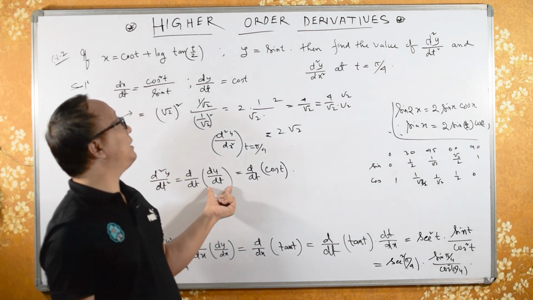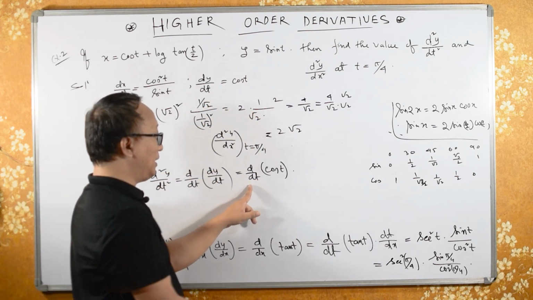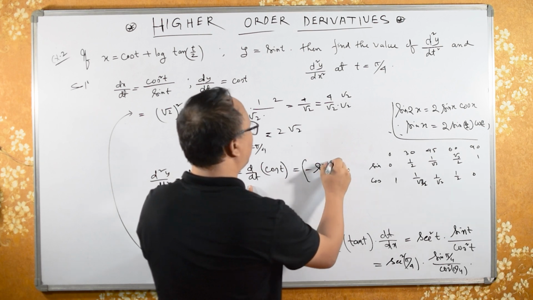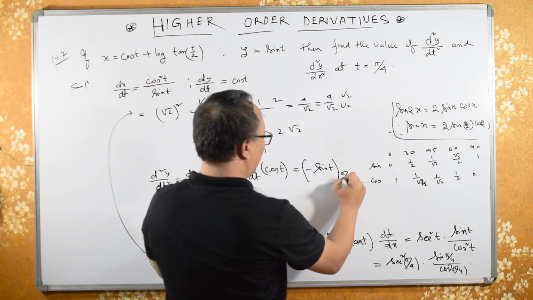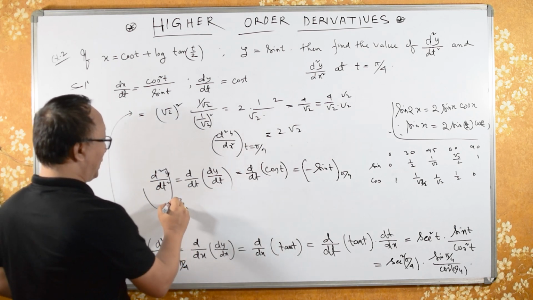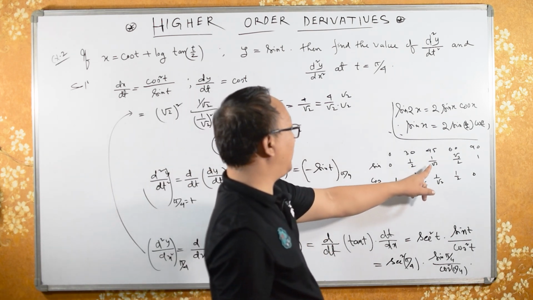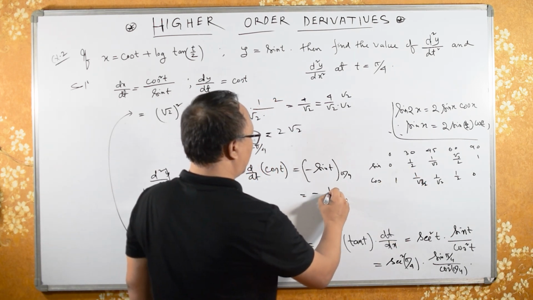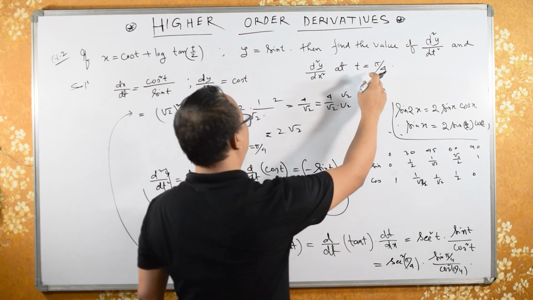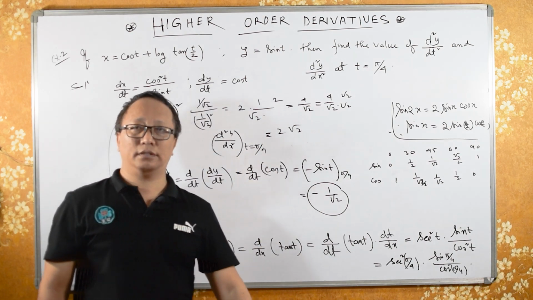What is dy by dt? We have cos of t. Differentiation of cos t is minus sin t. At the point t equals pi by 4, what is sin 45? It is 1 by root 2. This is the answer for this, and this is the answer for this. Thank you.